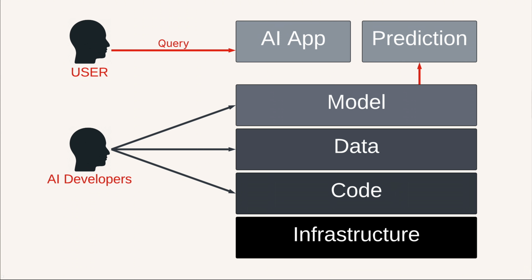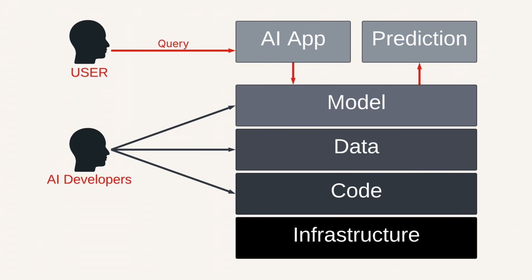What we are doing when we interact with ChatGPT or any other AI model is we're basically making a query. And that query goes through the AI's application. It interacts with the current model. And based on all of the data and its programming that it has, it brings back a prediction for us. And that's the response that comes all the way back out to us.